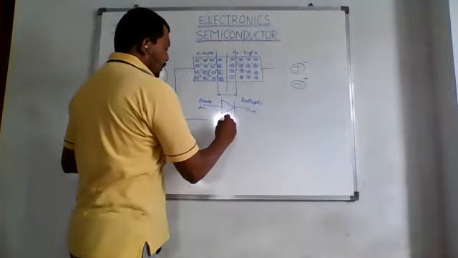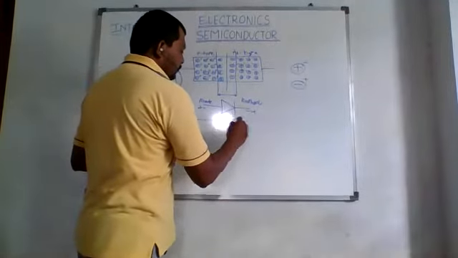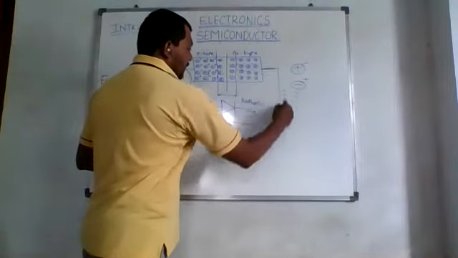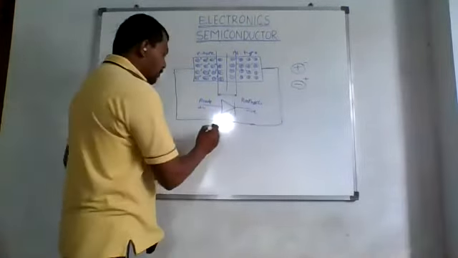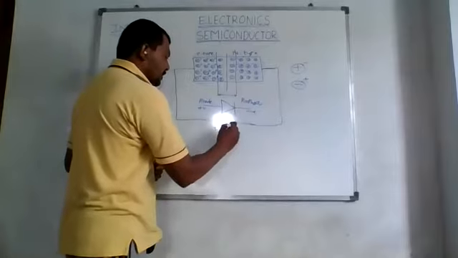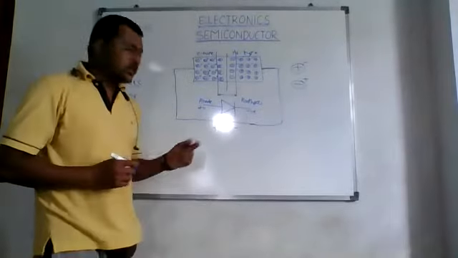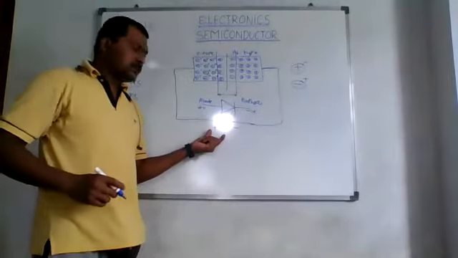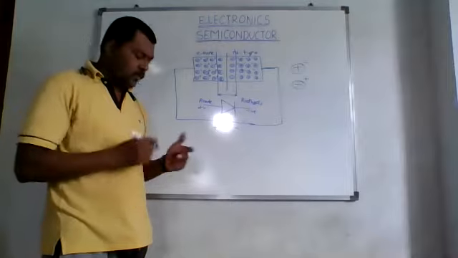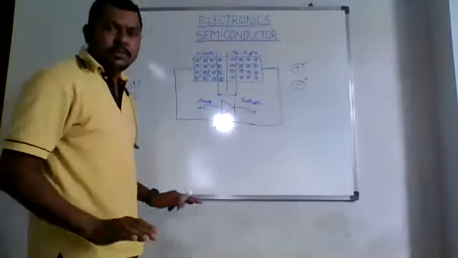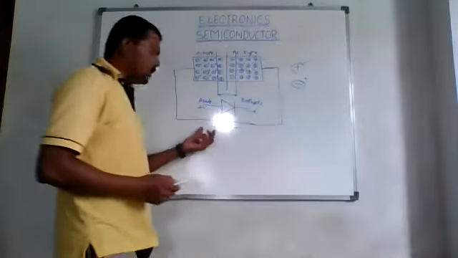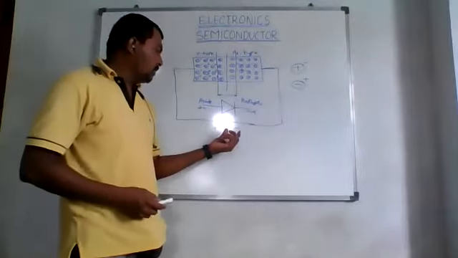We have a battery like this. Why are we using this type of symbol? This is positive and this is negative, right? I hope it is visible to you. Yes, sir. So it is showing positive and negative.